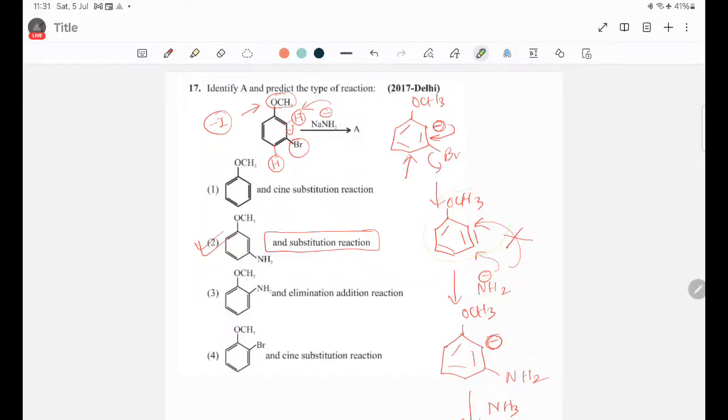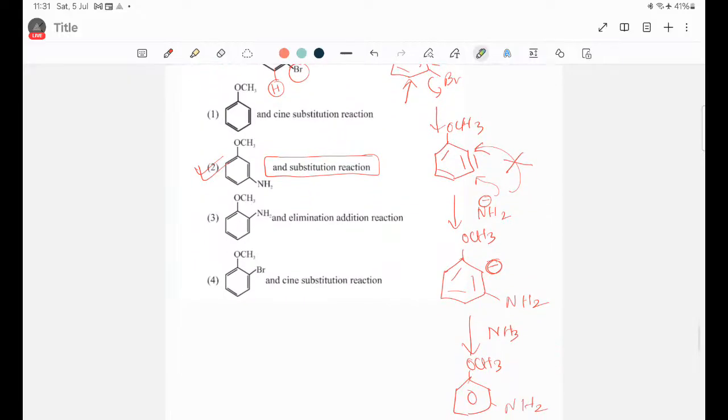After forming the benzyne intermediate, there are two possibilities of attacking by the NH2 minus, that is the nucleophile. NH2 minus can attack at the meta position with respect to OCH3, or it can attack the ortho position with respect to OCH3. If it is attacking the meta position, then the negative charge will again be developed adjacent to the OCH3 group.